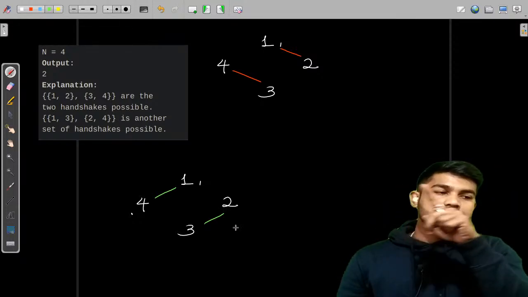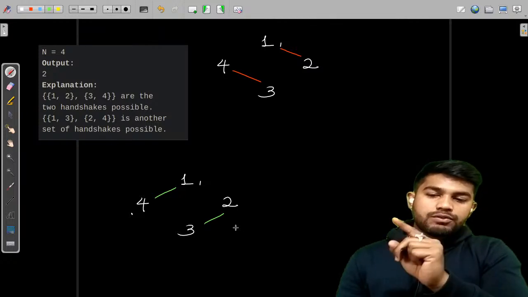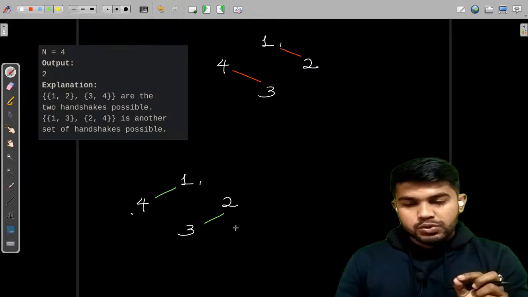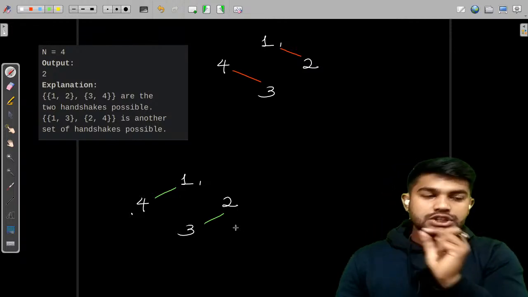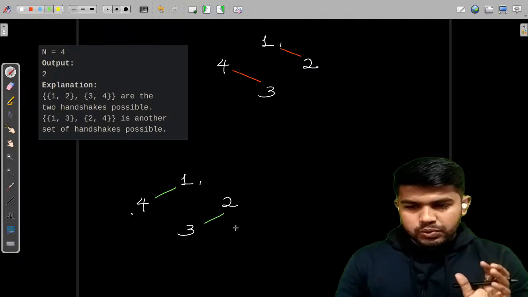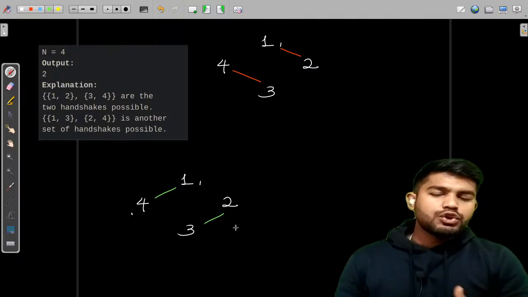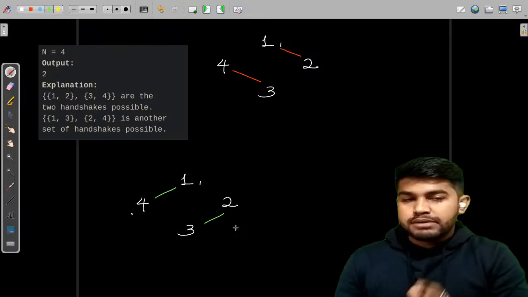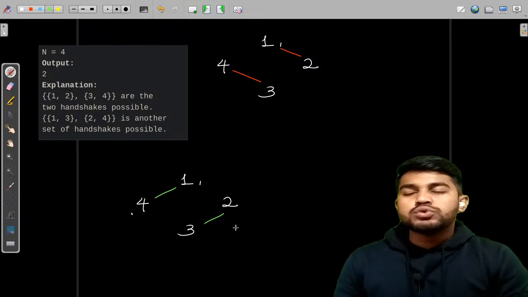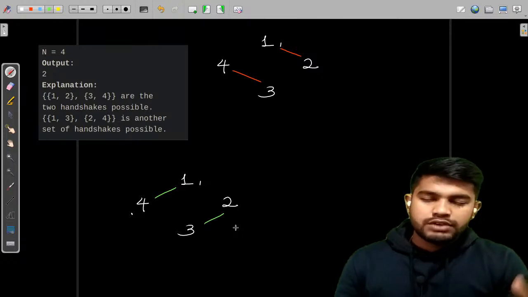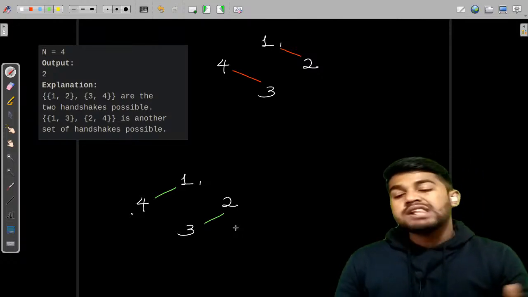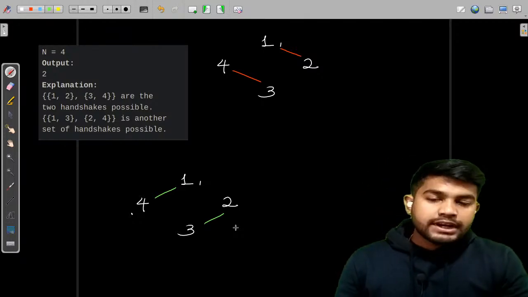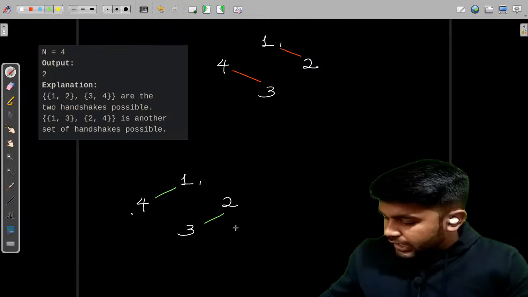One where 1 is doing the handshake with 2 and 4 is doing a handshake with 3, and then 1 is doing a handshake with 4 and 2 with 3. So even if you draw it differently, you won't have any issue regarding the count. Why? Because you don't need to show the pairs in which they are making the handshake. Rather, you just need to tell the count, and the count won't be affected by the ordering that you have made.